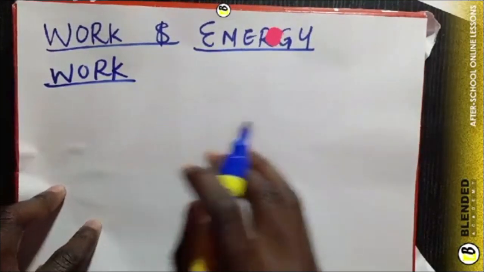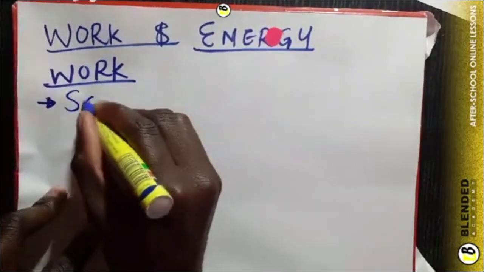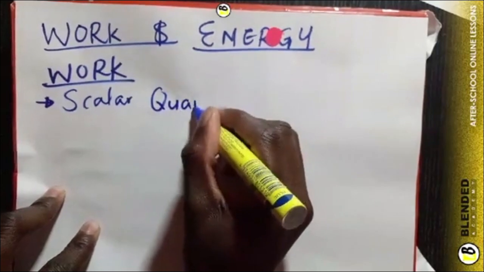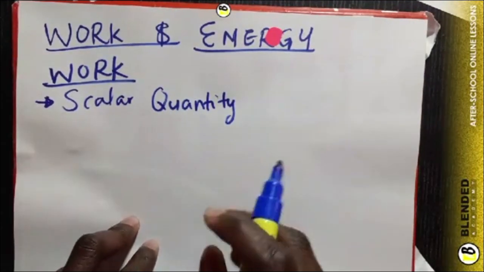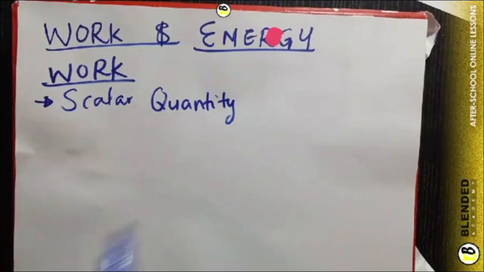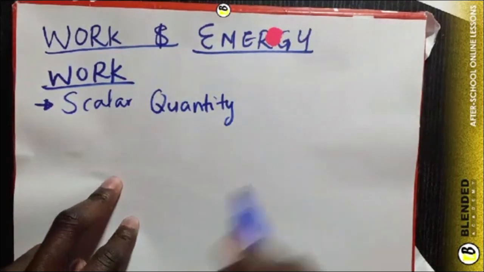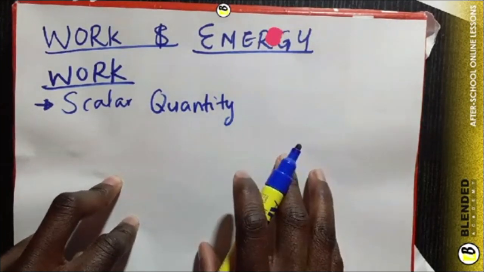So now you need to remember that work is a scalar quantity. So now this quantity only has magnitude. So when we're talking about scalar quantities, we're talking about quantities that only have magnitudes but no directions. So you need to remember that. And I'm sure most of you learned this in grade 11.